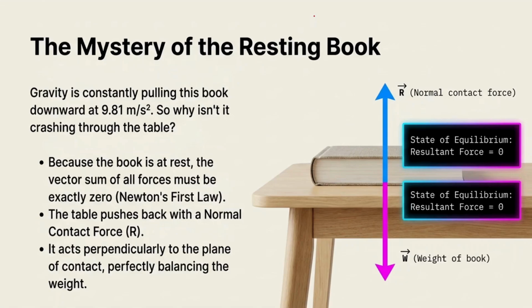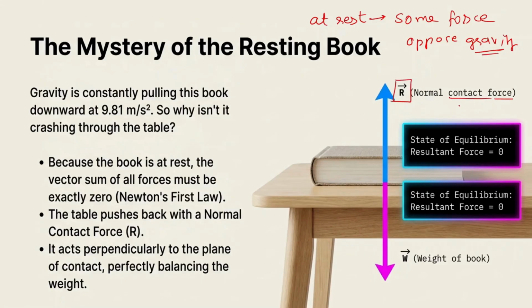If the book is at rest, that means some force is exerting on the book which is opposite to gravity, opposing the gravity force. Here we call it the normal contact force, which is applied by this table to this book.